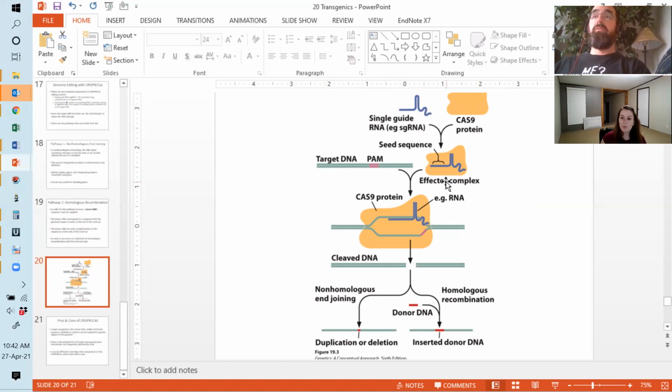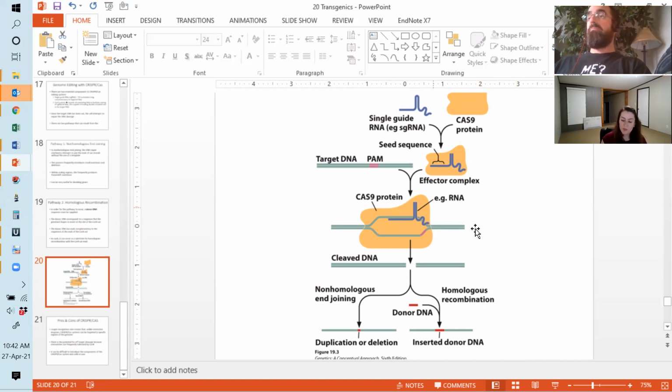This is similar to the RISC complex in RNA silencing. It goes along and finds its matching piece of DNA. And when that matching piece of DNA is found, Cas9 cuts it. It produces a double-stranded break.